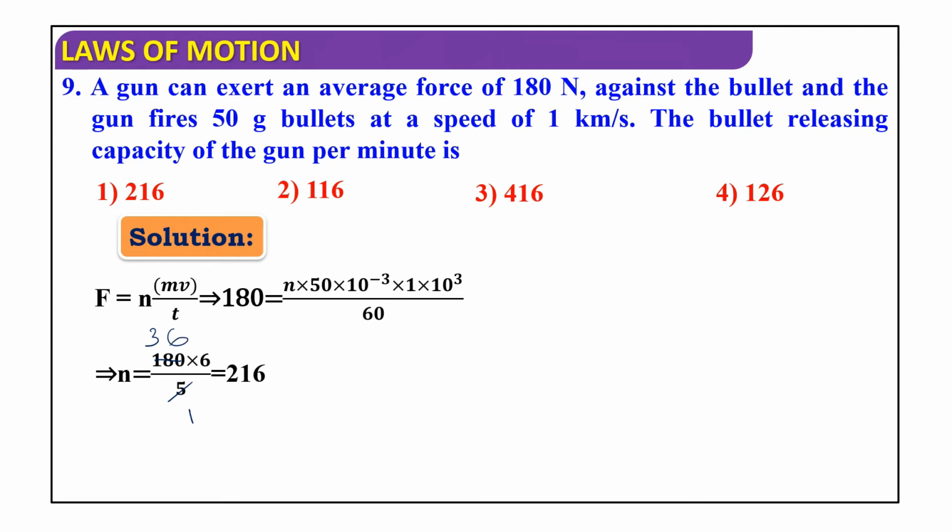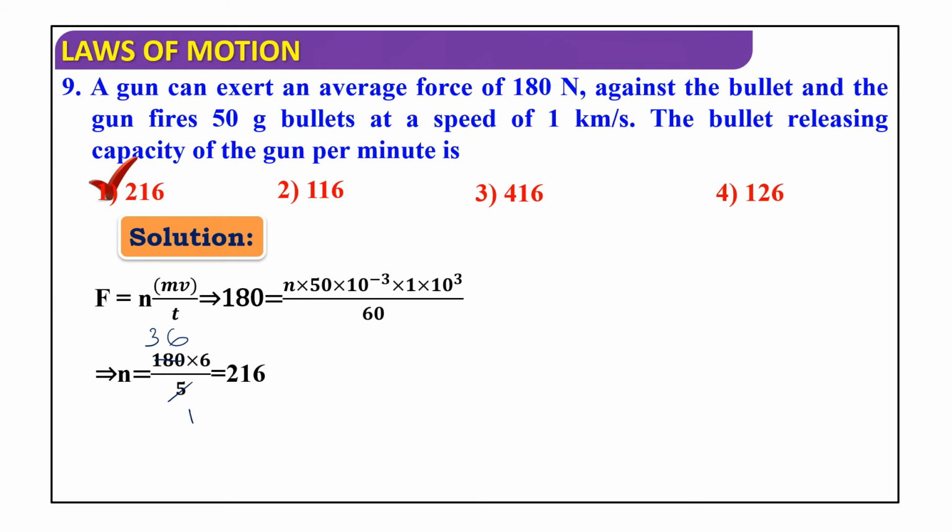So 36 into 6: 6 sixes are 36, 6 threes are 18 plus 3 is 21. So N = 216. This is the correct answer. So among these four, which one is correct? The first one is correct. So 216. The bullet releasing capacity of the gun per minute is 216.